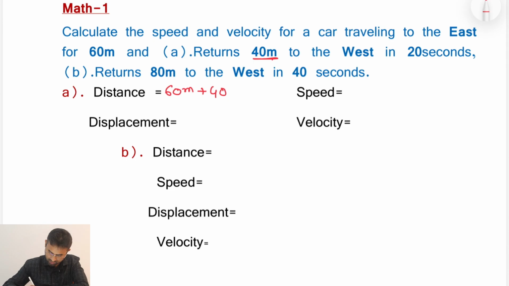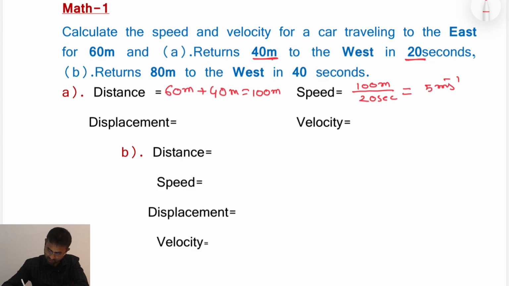So the overall distance is 100 meter and time taken is 20 seconds. So speed will be overall distance 100 meter over time taken, 20 seconds. So speed will be 5 meter per second.